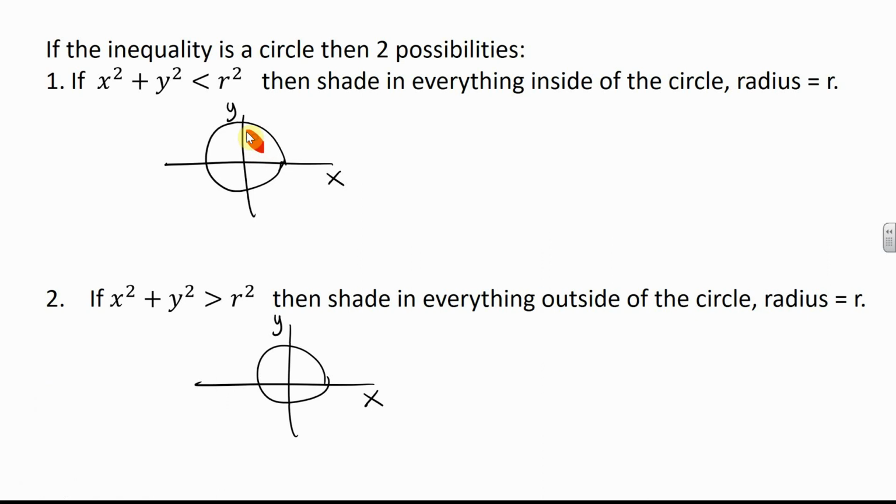So less than here means everything on the inside of the circle, and then x squared plus y squared greater than, everything on the outside.